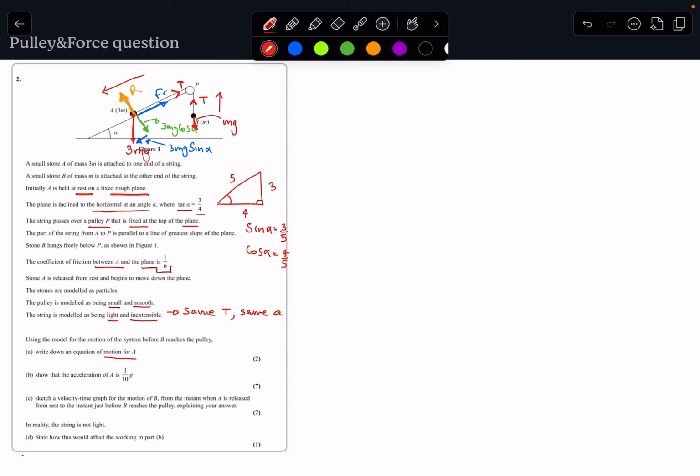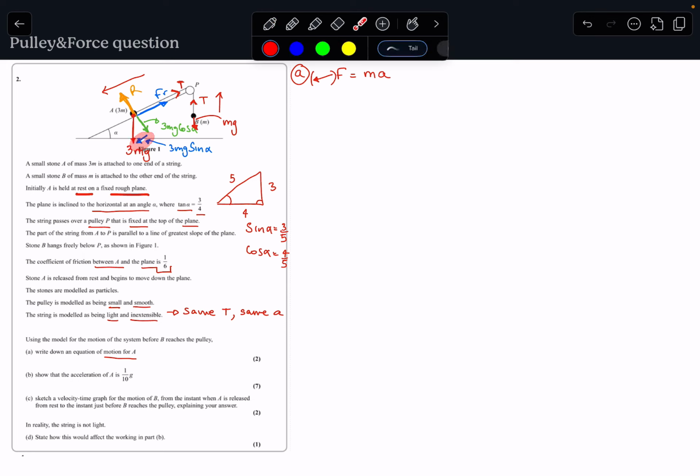Right now, let's focus on part A. Part A is telling me to write down an equation of motion for A. I can do this using my formula F equals ma. Given that the object is moving downwards, I'm going to take going down the plane as my positive direction. So which force is pushing it downwards?